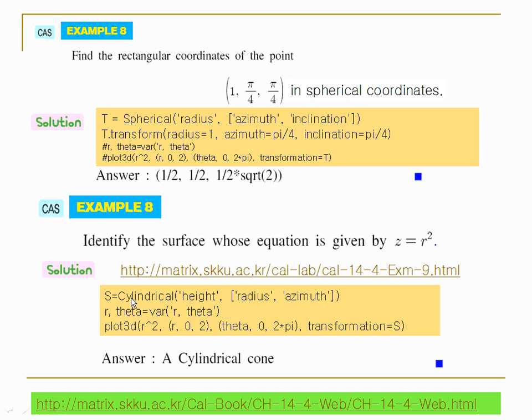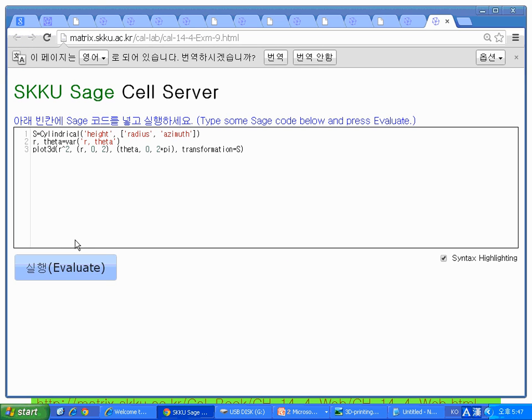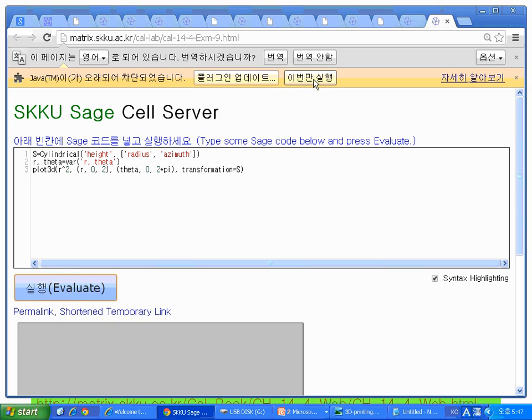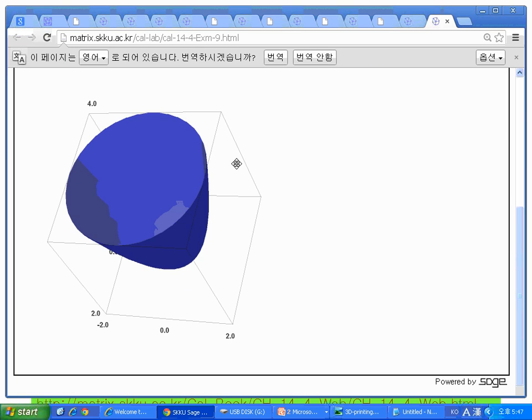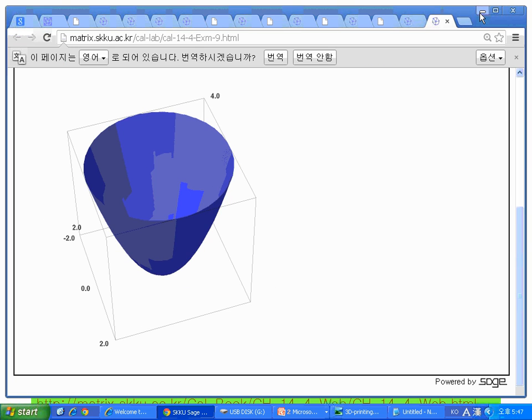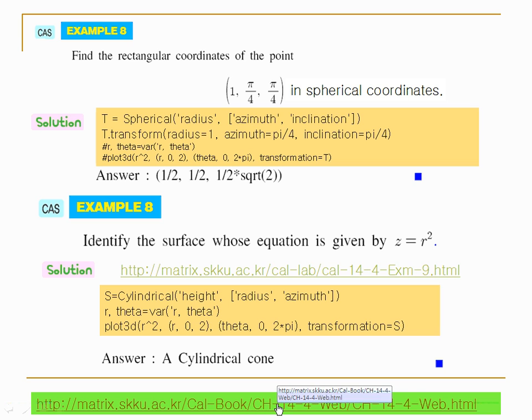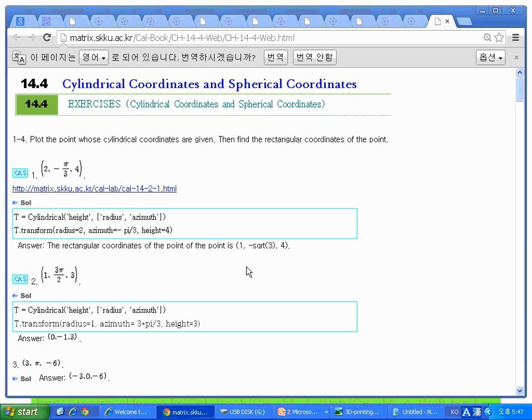And here you identify the surface whose equation is given by z is equal to r squared. In this case, I had a 3D plot of this with r from 0 to 2 and theta from 0 to 2 pi. So if we see it, this gives us the 3D plot of those domains, which looks like this cone. Okay, so I think that's the end of section 14.4.